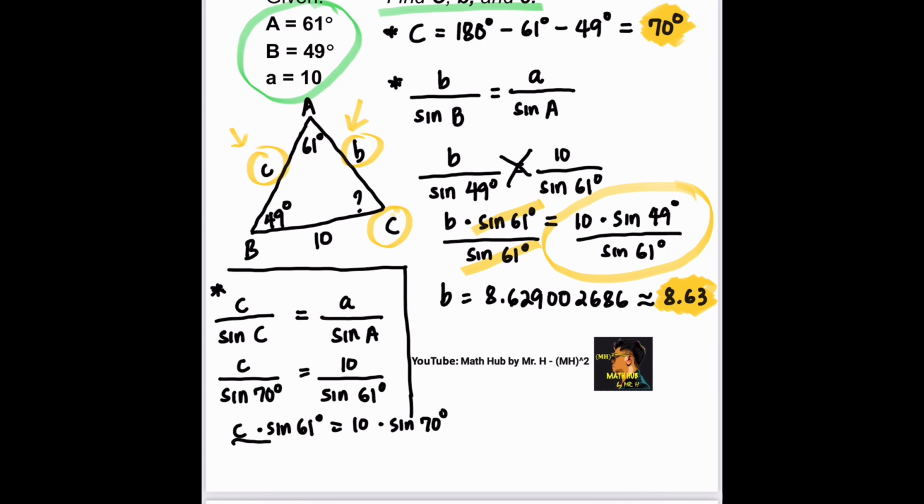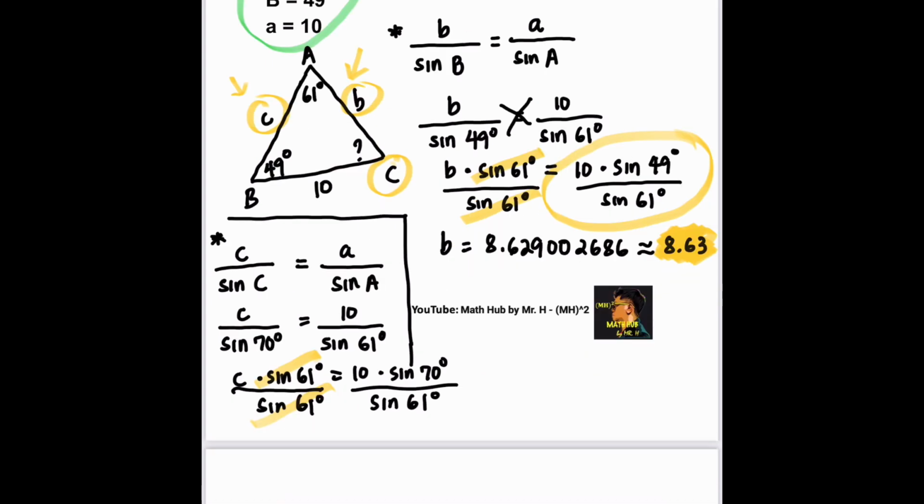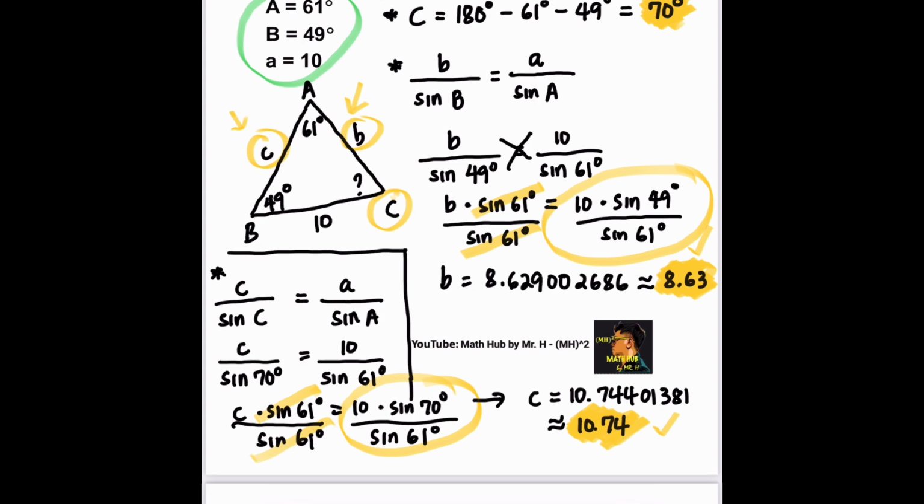Then we divide both sides by sine 61, and we'll have c equals this. Now we need to enter that on the calculator. It's going to give you 10.74401381, and rounding it to 2 decimal places gives us 10.74.